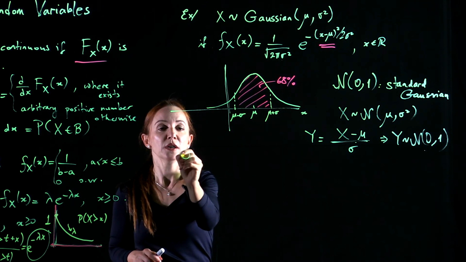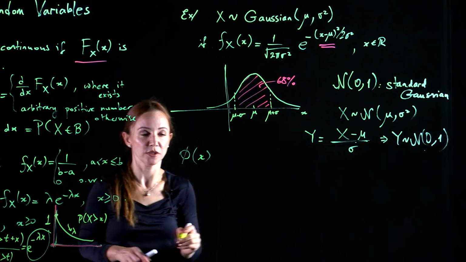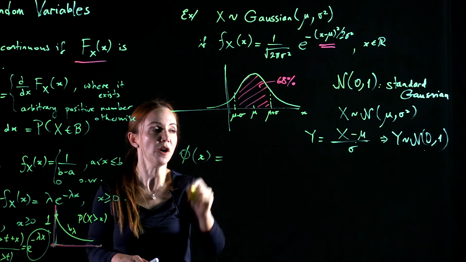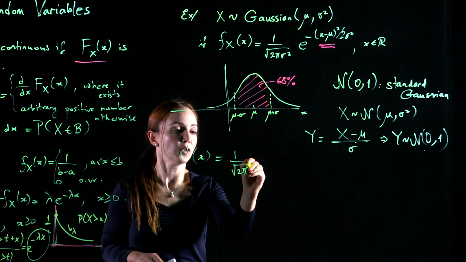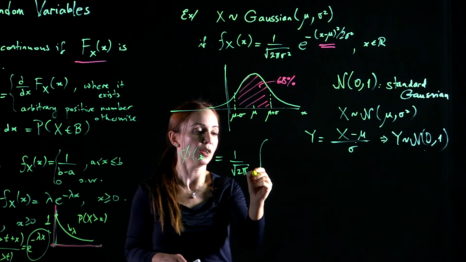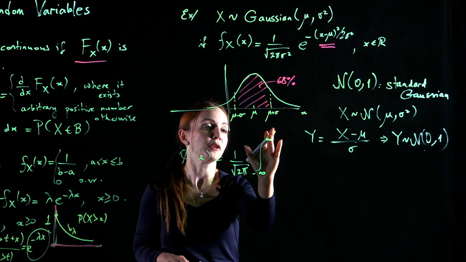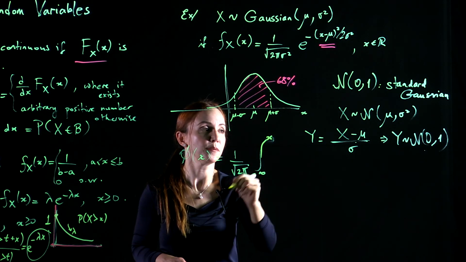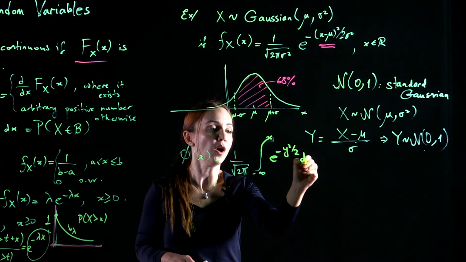The CDF of the standard Gaussian is usually denoted with this function phi, and it basically is the integral of 1 over square root of 2 pi, integral from minus infinity to x, because it's a CDF, of e to the minus y squared over 2 dy.